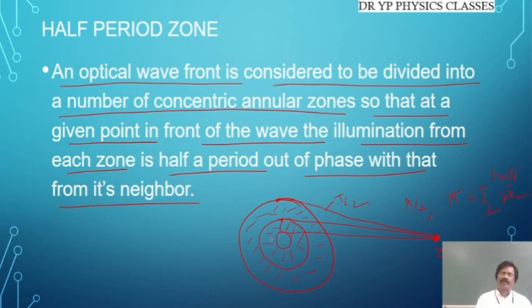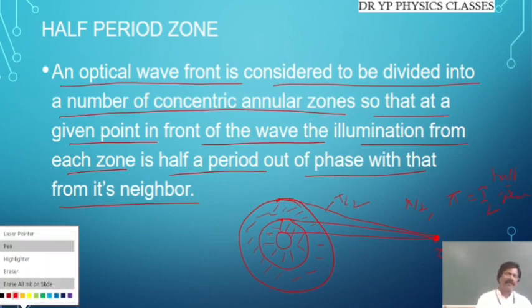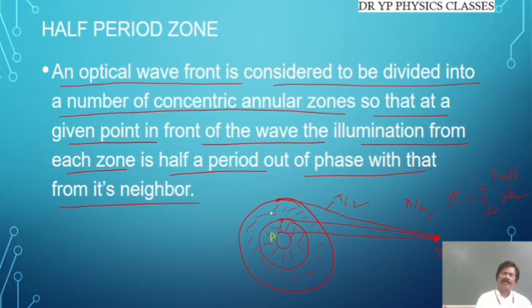Okay, if I call it A, this B and this C, the light reaching the point O from B is half a period out of phase with that of the light from A. Light from C is half a period out of phase with the light from zone B. Like this, at each and every point, it differs by a phase of half a period.